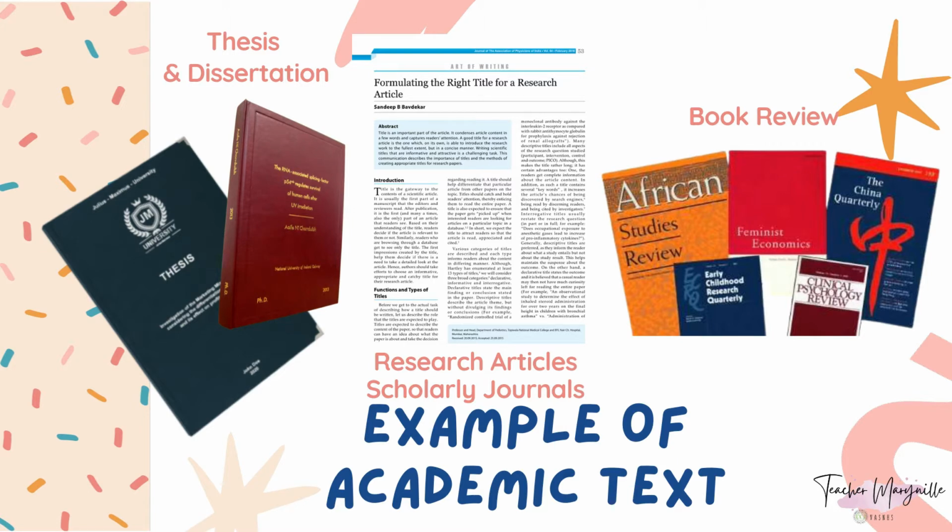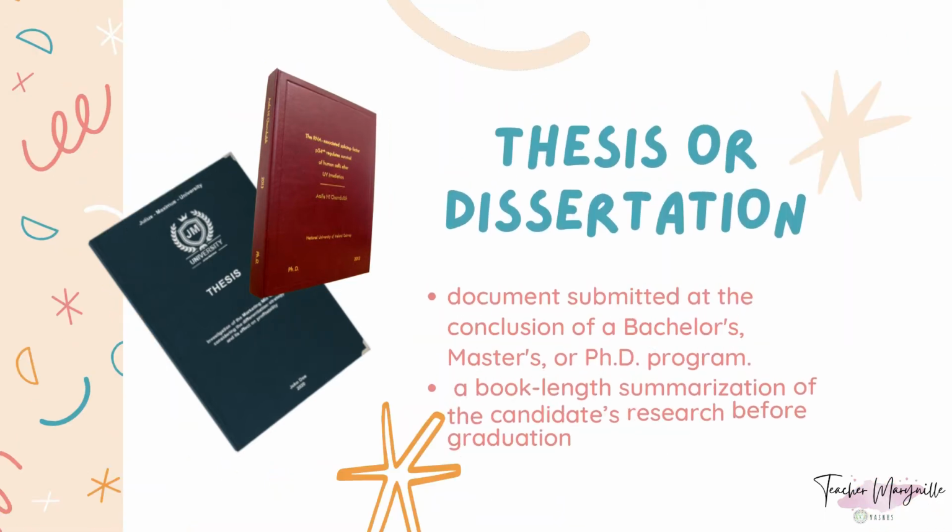Here are some examples of academic texts: the thesis and dissertation, the book review, or the research articles or scholarly journals. A thesis or dissertation is a document that is submitted at the conclusion or end of a bachelor, master's, or PhD program.